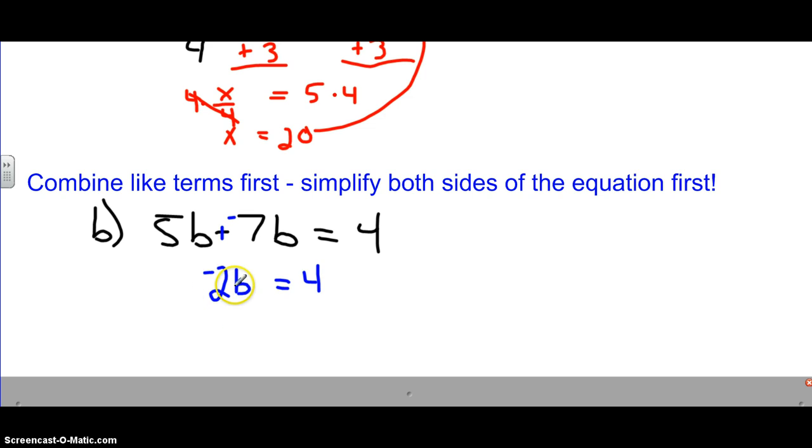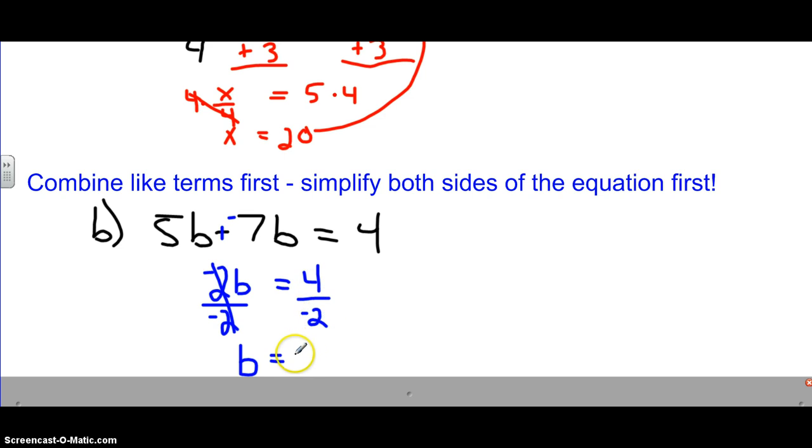The inverse of multiplying by negative 2 is dividing by negative 2, right? So divide both sides by the same value, division property of equality. And we end up with negative 2 over negative 2. That equals 1, right? 1b, we don't even need to show that 1, equals 4 divided by negative 2.